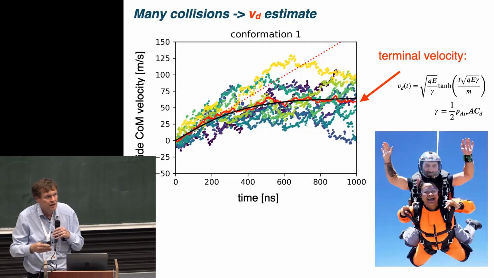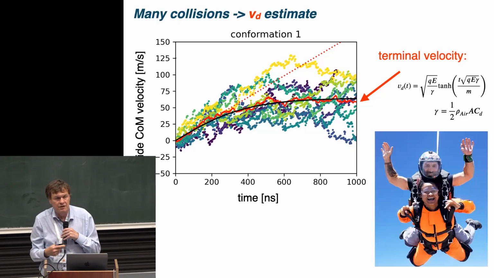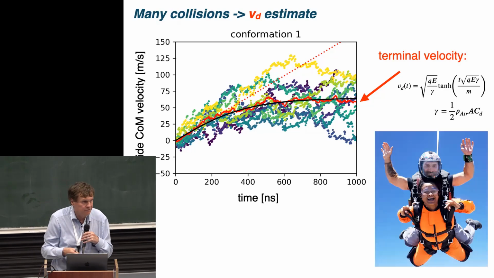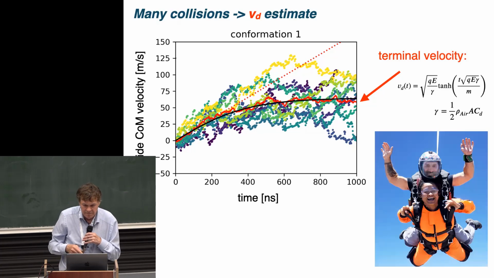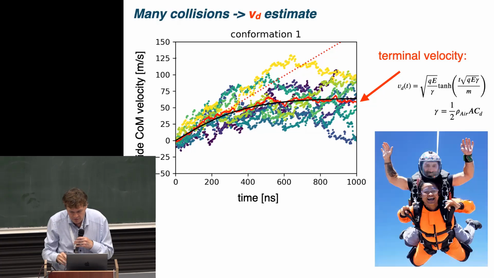So at some point, the air resistance equals the force, in this case the electrostatic field, or for parachuters, the gravity, of course. And if you fit the respective dependency on this bunch of curves, the red is the average, then you get a very nice number for the terminal velocity.